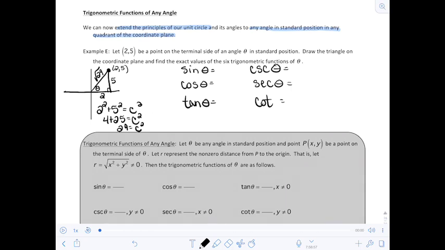Now I have all three sides of my triangle, and since I'm in the first quadrant, I don't have to worry about positives or negatives. So let's list the sine, cosine, tangent, and their reciprocals. Opposite over hypotenuse for sine will be 5 over the square root of 29, and we have to rationalize that, so that would be 5 root 29 over 29.